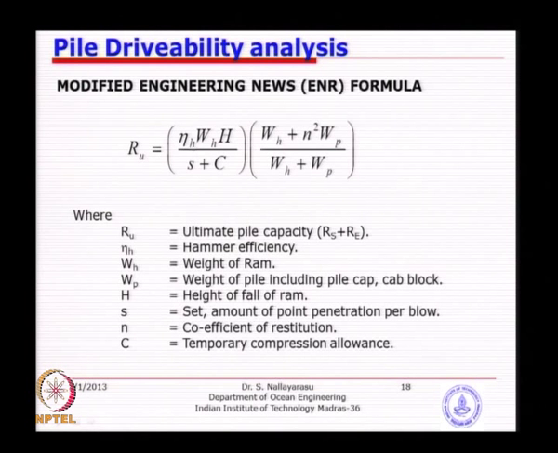and divided by the set value and basically the compression value of the pile, and multiplied by the so-called hammer weight ratio. So, WH is your hammer weight, and N is the coefficient of restitution of the material that we place between the hammer and the pile.